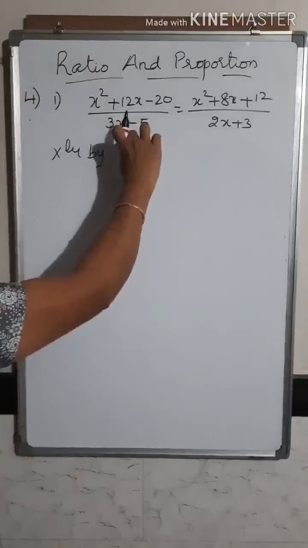Now suppose if you take the value of x as 0, this becomes 0, this becomes 0, this also becomes 0 when you take value of x as 0. So here you are left with 63 upon 12. And the other side you will get 3 upon minus 5, because this becomes 0. So LHS and RHS is not equal, so x is equal to 0 is not a solution.